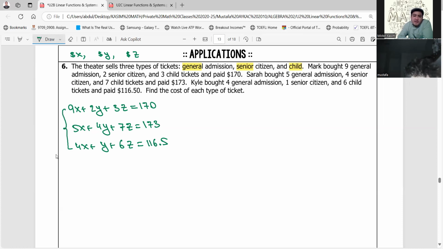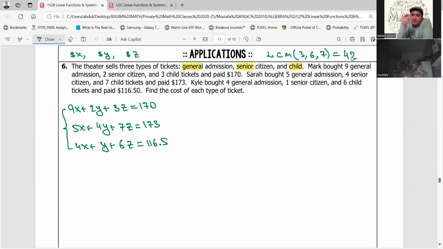Now we have just practiced how to solve this, right? In one step, I can bring them into the same coefficients of z. What is the least common multiple of 3, 6, and 7? 42.